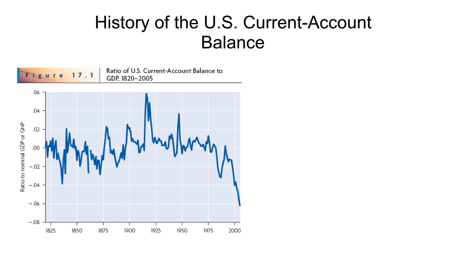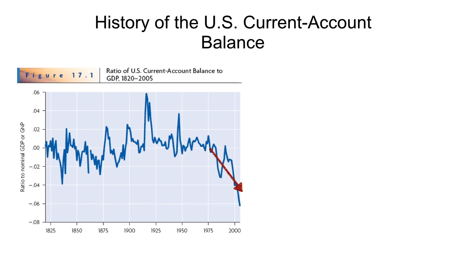Now we turn to some historical data of U.S. current account balance. This is a graph of U.S. current account balance divided by its GDP for that year. As we can see, U.S. current account balance was basically fluctuating around zero most of the time until 1975.